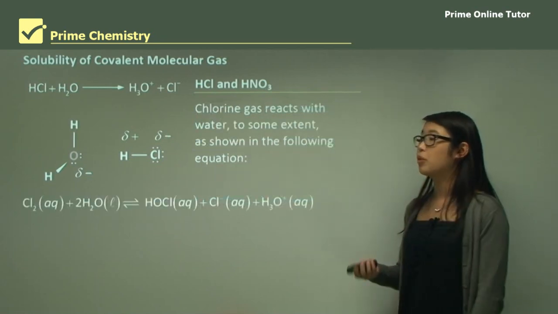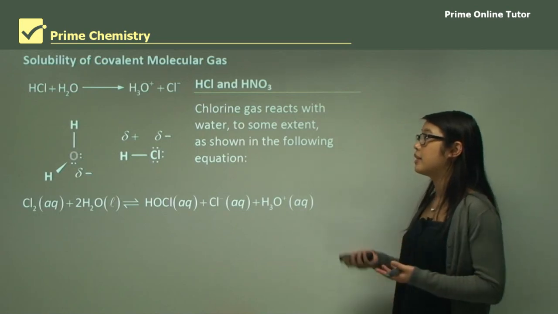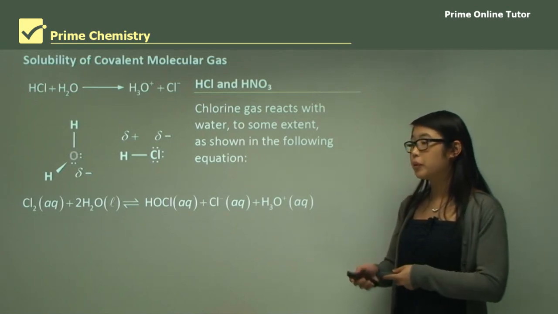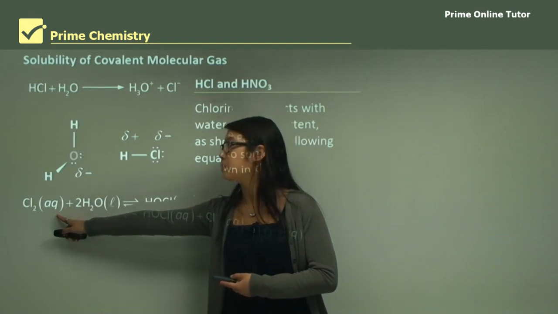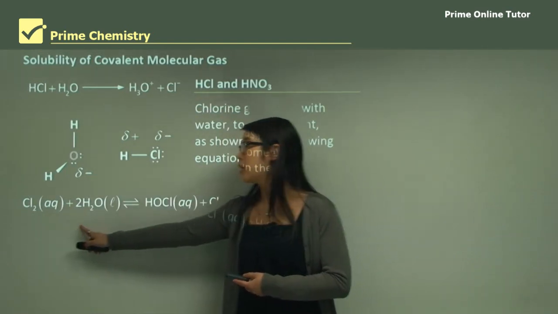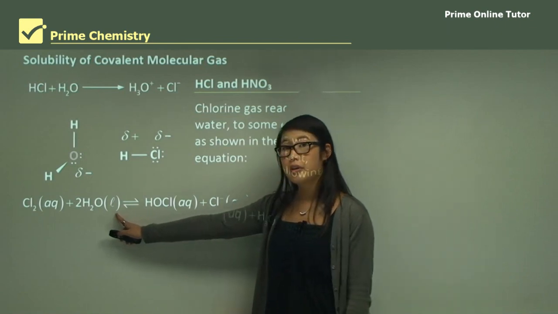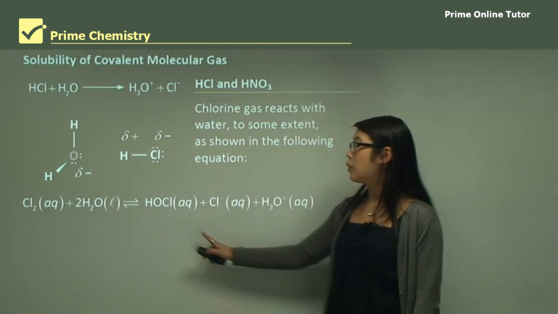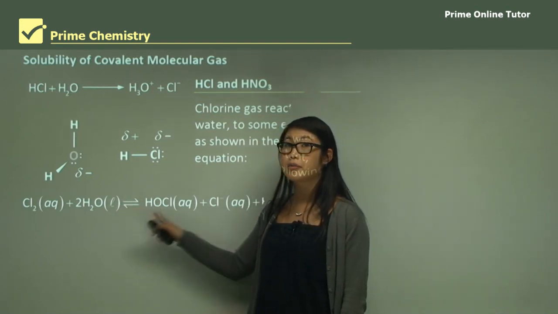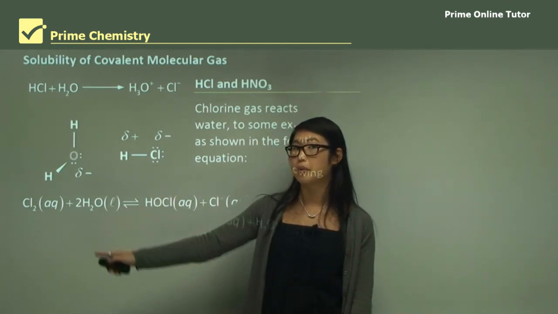Chlorine gas reacts with water, well, not very well, but it does, and it can be shown in the following equation where we have Cl2, which we've dissolved in water a little bit, so it becomes aqueous. We put it with some liquid water, denoted by the l, and then we get an equilibrium, which is the two arrows. So some of it's going this way and some of it's going that way.